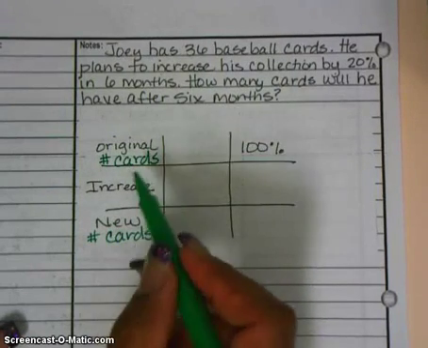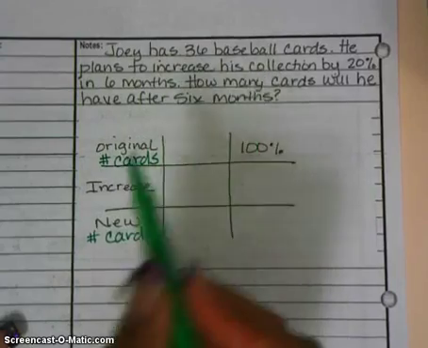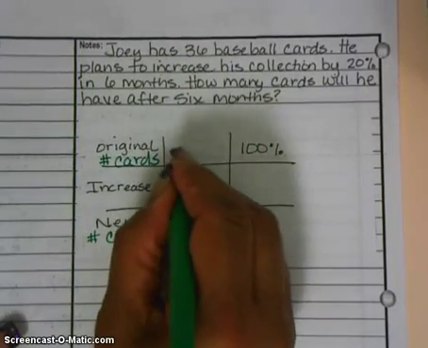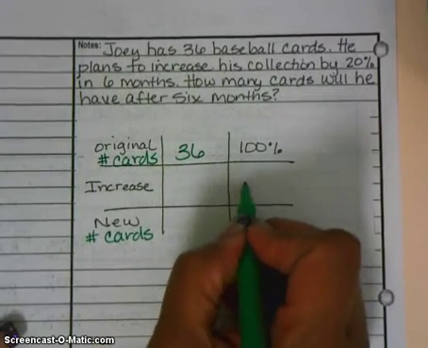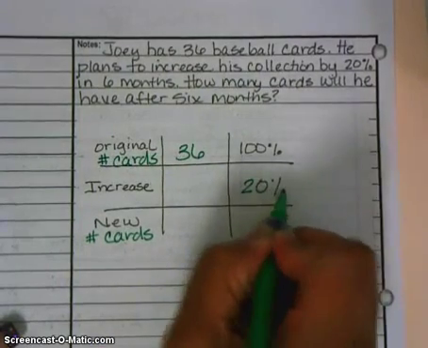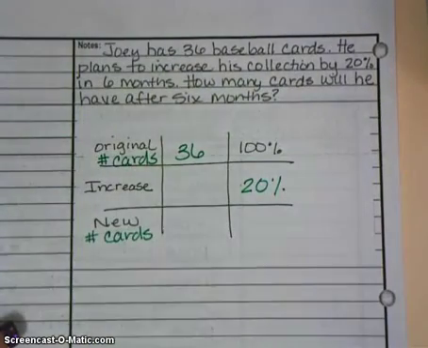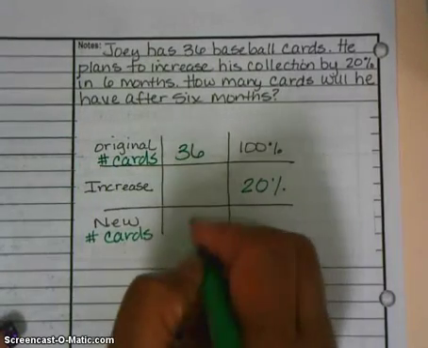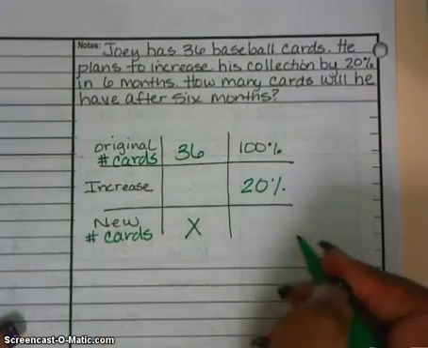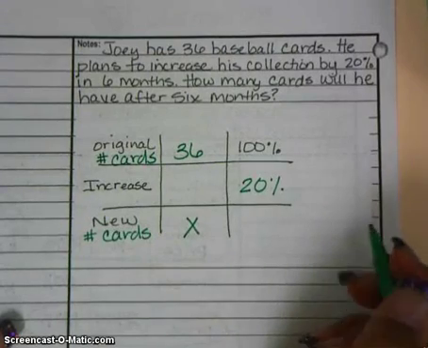Okay, so let's look at the information. Joey has 36 baseball cards. That is my original number of cards, so that's going to go here. He plans to increase his collection by 20%, so that's going to go in the increase. And then the question says, how many cards will he have after 6 months? So I'm going to be looking at the new number of cards.